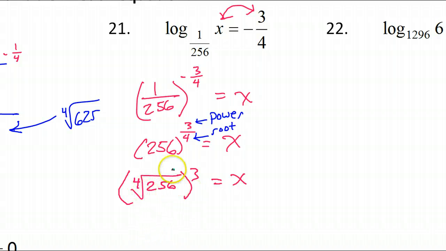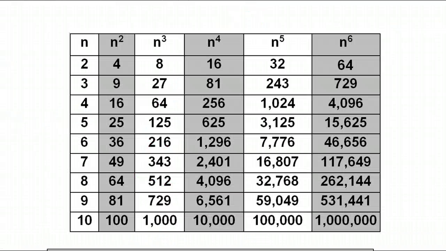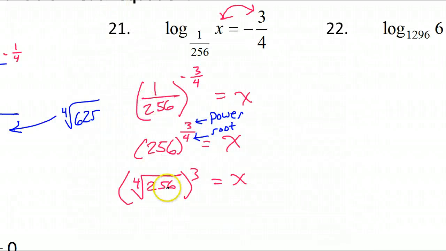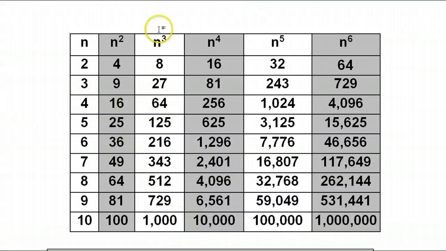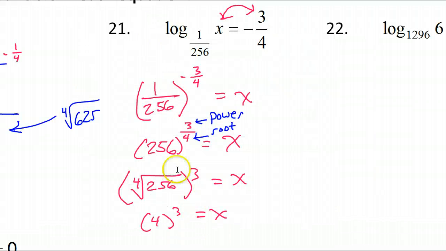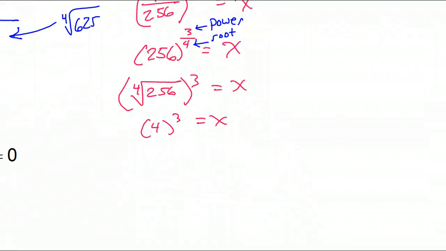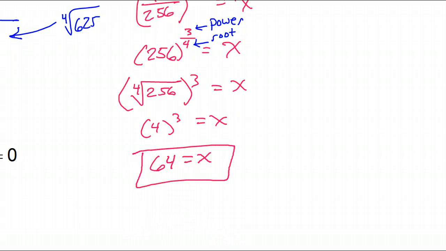So we can do this from the chart. So fourth root of 256 is 4. So that's why we'll have a 4 in there. But then I have 4 to the third power. 4 to the third power is 64. So that's why x is 64.